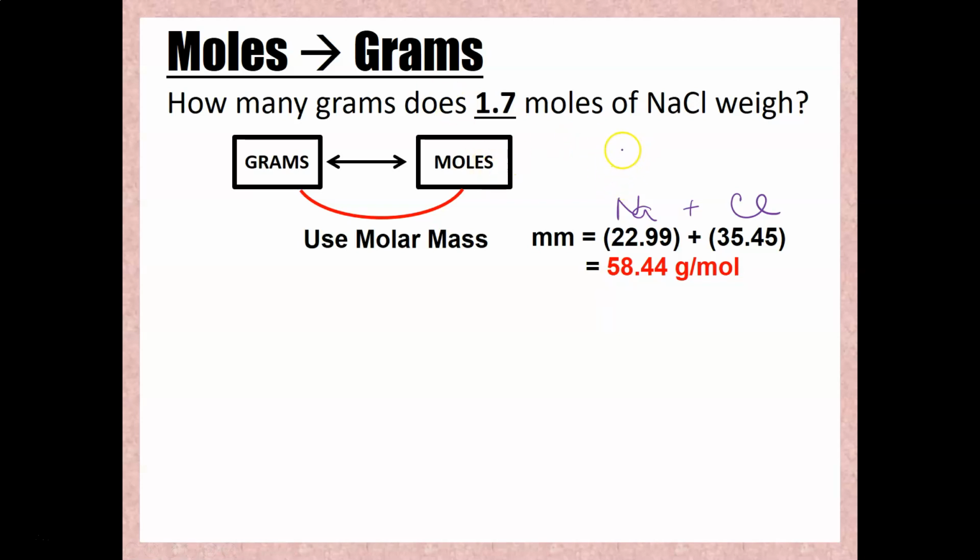Remember that I'm getting these numbers from the periodic table. That's where those numbers are coming from. So now this is my conversion factor. My molar mass becomes my conversion factor.